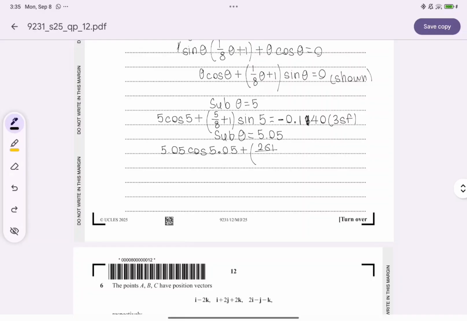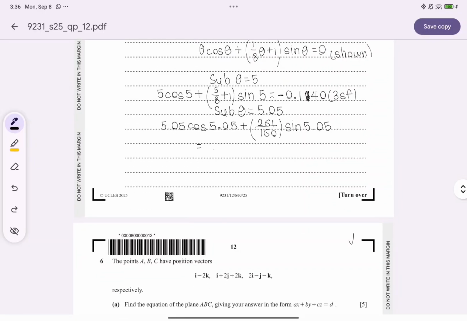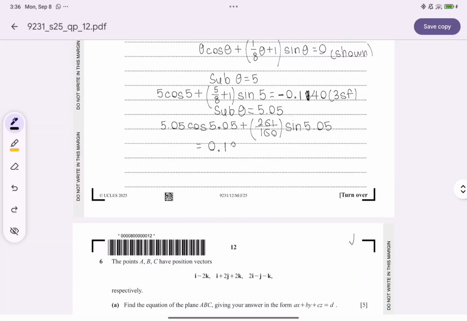This is 261 over 160 times sine 5.05. So we got a positive value, 1.134 to 3SF.